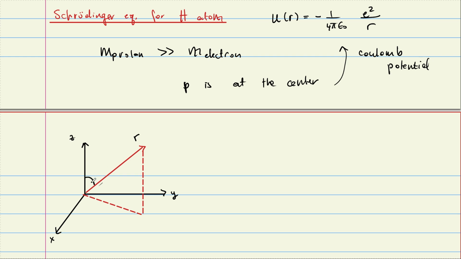Here is the so-called polar angle theta, and this one is the azimuthal angle phi. Any engineers here? Anybody from engineering? So you use the other way, right? Phi for polar, theta for azimuthal. Sorry about that. There will be confusion, but that's also your book.